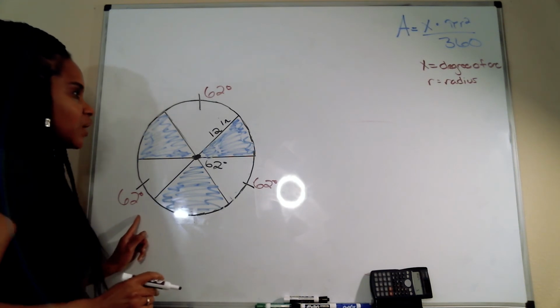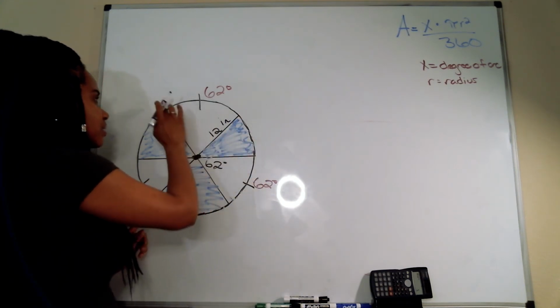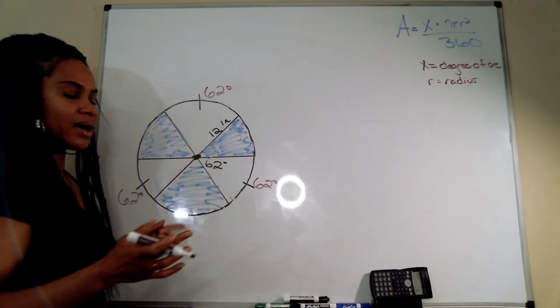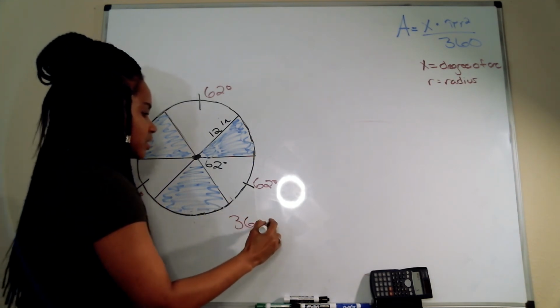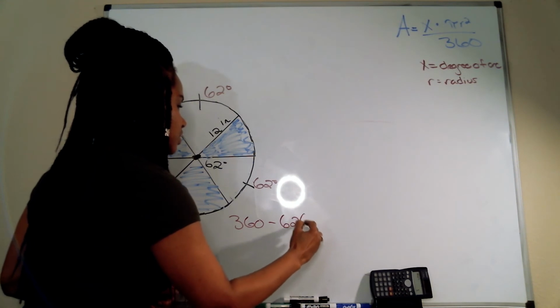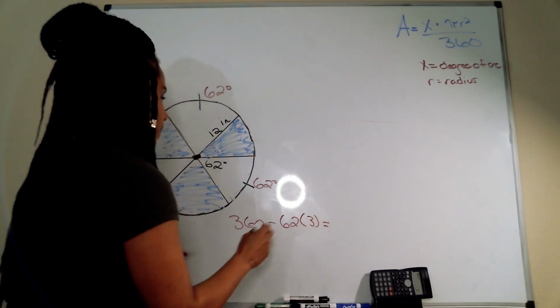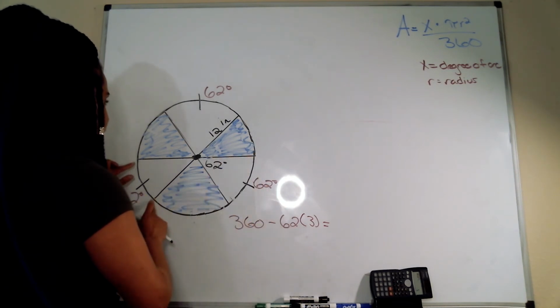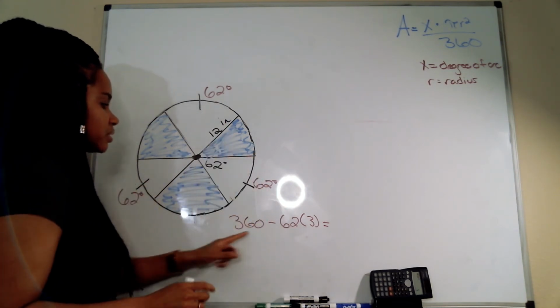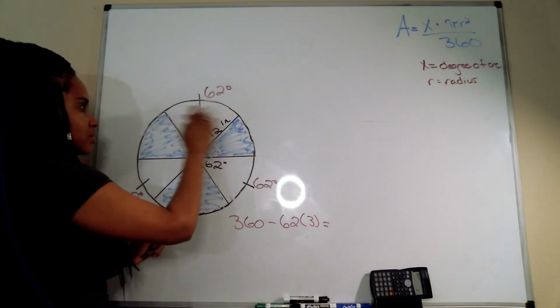So now we could find the combined length of these arcs by simply doing 360 minus 62 times 3. Because if I multiply these by 3 and subtract it from 360, it'll give me these arcs that are left.